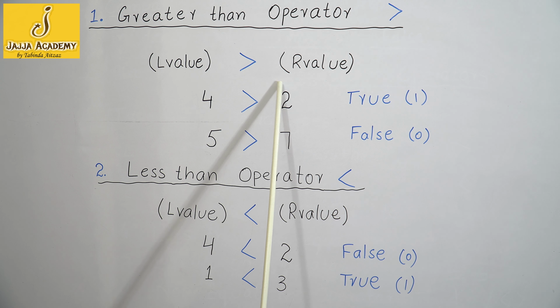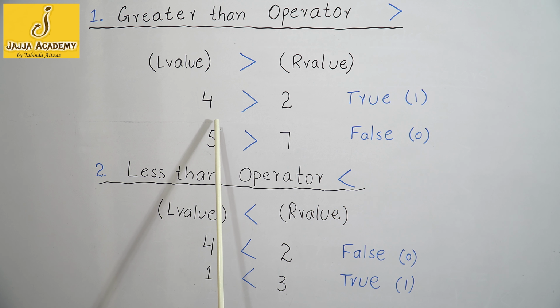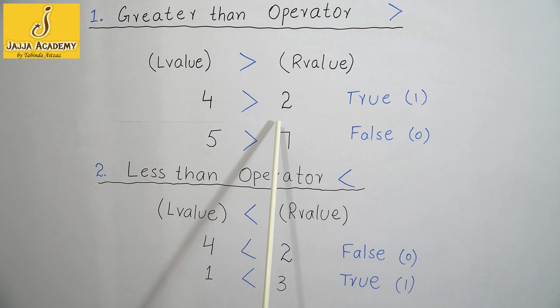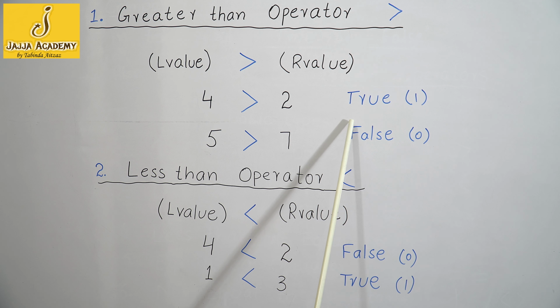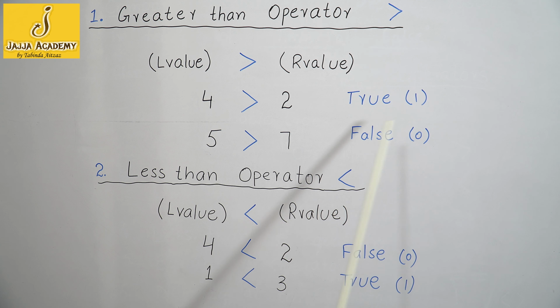For example, 4 is greater than 2. 4 is a larger number which is greater than 2. So it will return true, and true is also represented by 1. In the next example, I have written 5 is greater than 7.